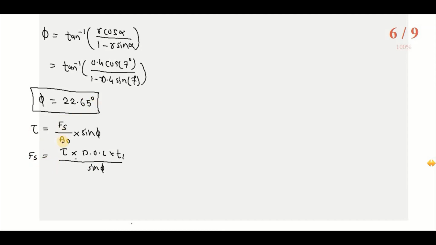So shear strength into initial area upon sine of phi angle.